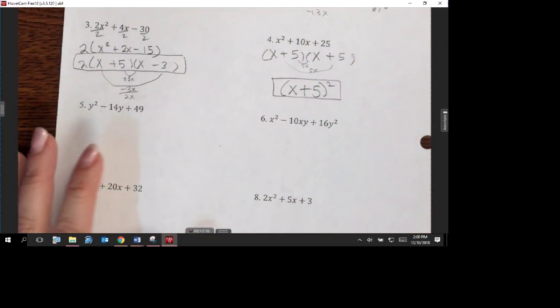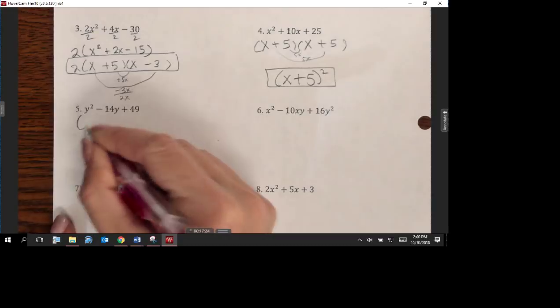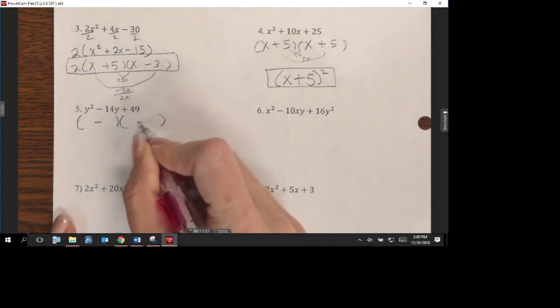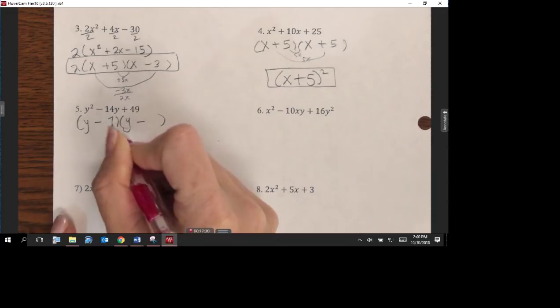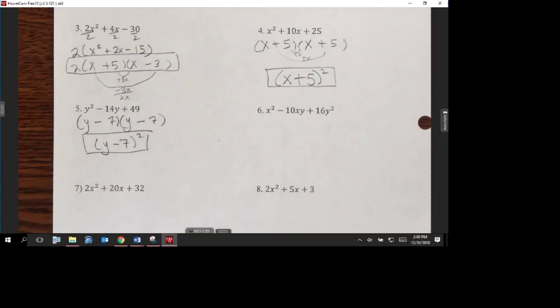Can you try number 5? If you haven't done it yet. You got number 5, start looking at 6.